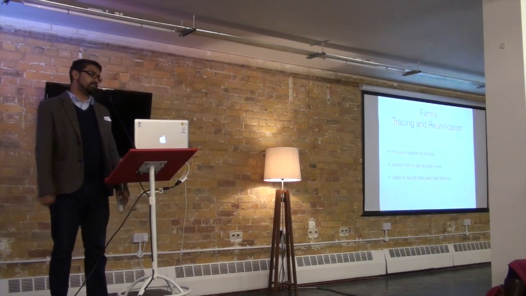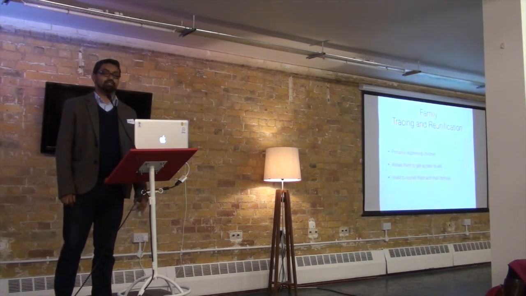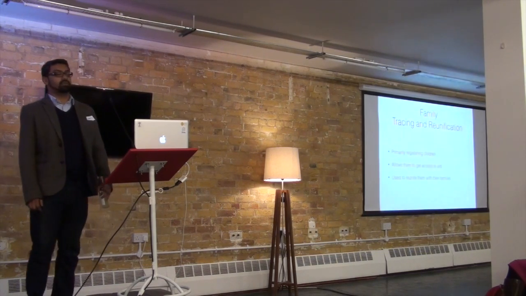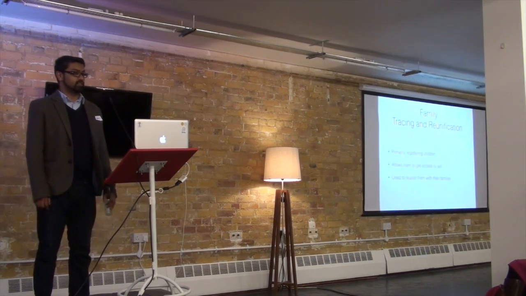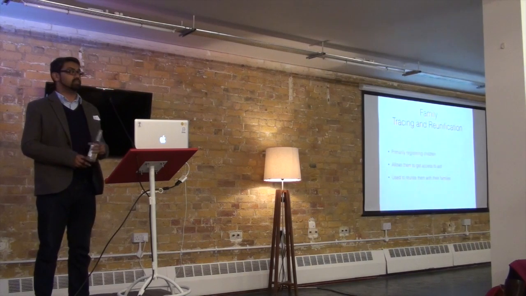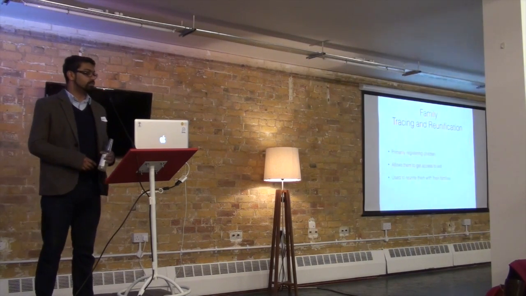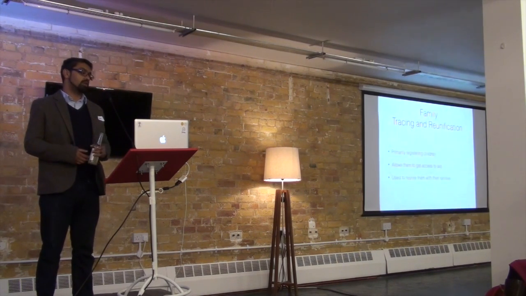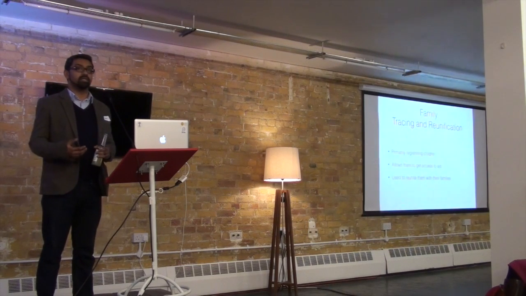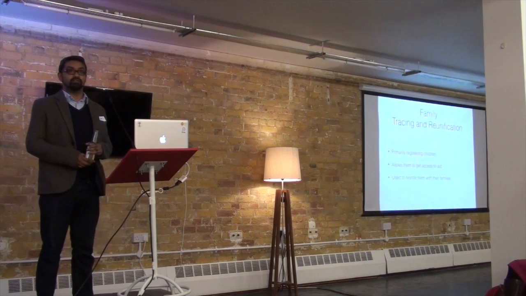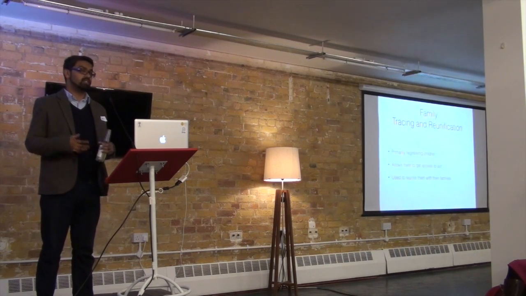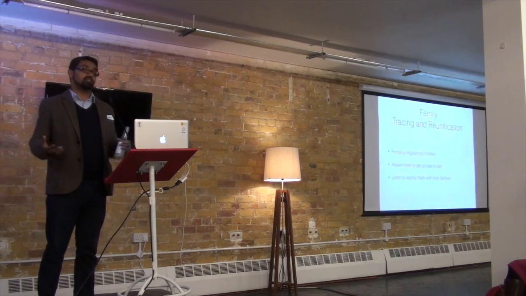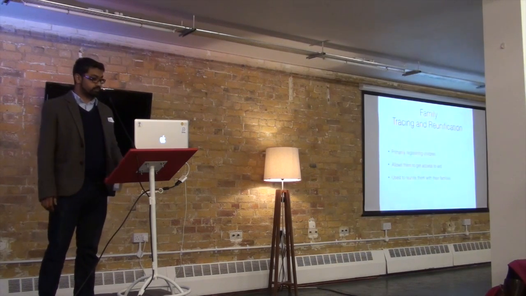So FTR is family tracing and reunification. Whenever there's a natural disaster or war or something that causes a big displacement of people, one inevitable outcome is children get separated from their caregivers, from their parents, from their extended family, or just from the people in their village.